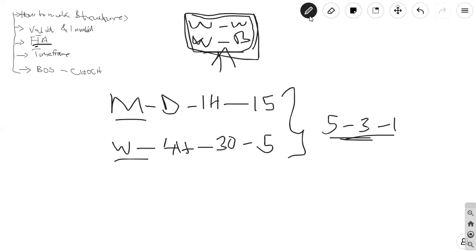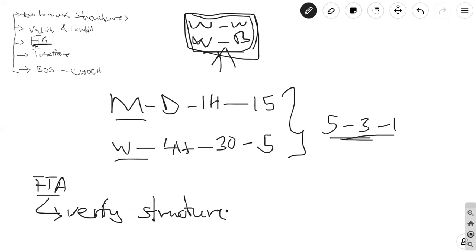Now that we know the time frame coordination, we need to know FTA. How can we apply the FTA concept in the time frame? The first and main role of FTA is to verify structures.